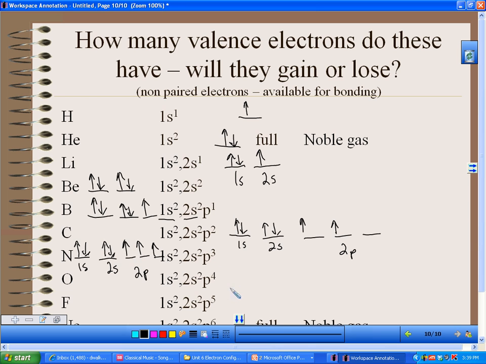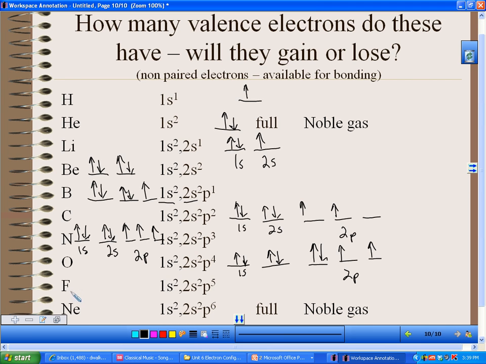This is halfway full. Oxygen is going to be the same situation. 1s, 2s, dealt with 4 electrons. 2p has the X, Y, and Z sublevel, so there's that one, and that one. I've used 7 electrons. Now I need to put in that 8th one. And it goes right there.